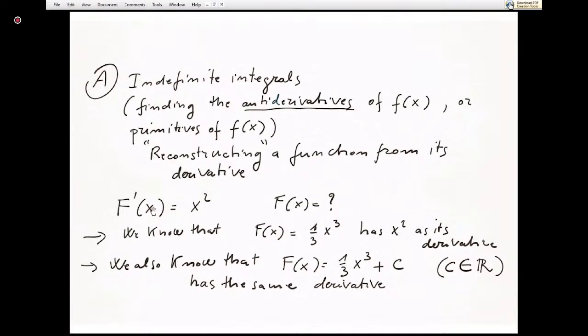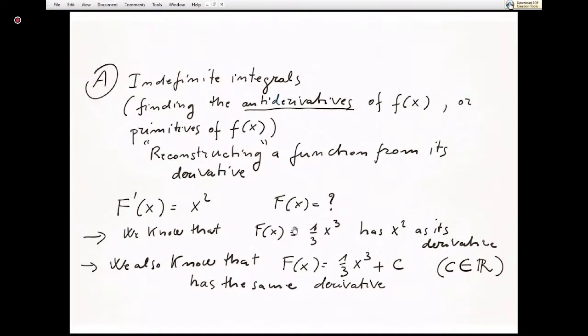A trivial example. Suppose that I have the function x squared. I know that the function x squared is the derivative of some function capital F. What is capital F? We know that capital F of x is equal to 1/3 x to the power of 3. If we take the derivative of this, the derivative is x squared.